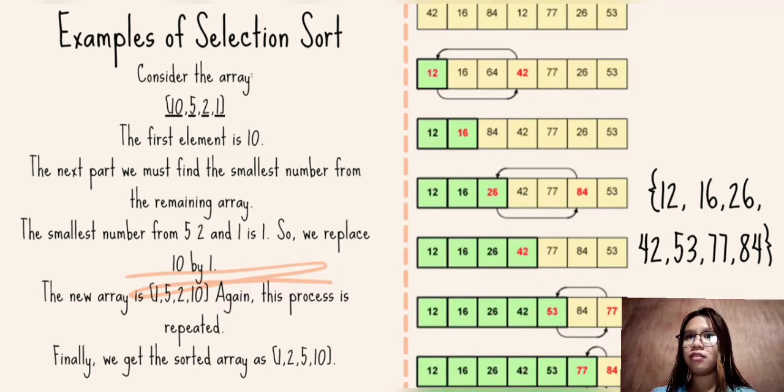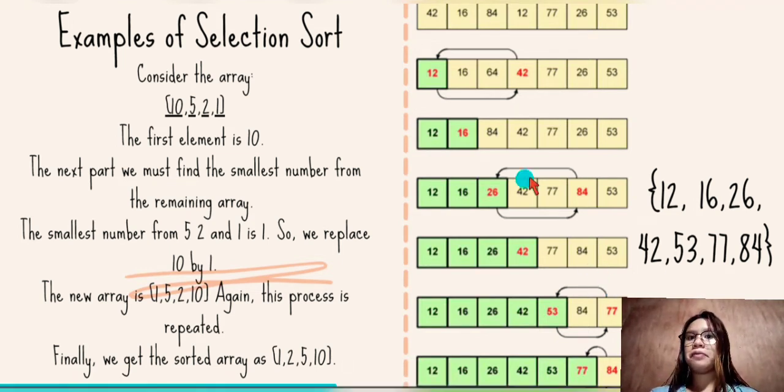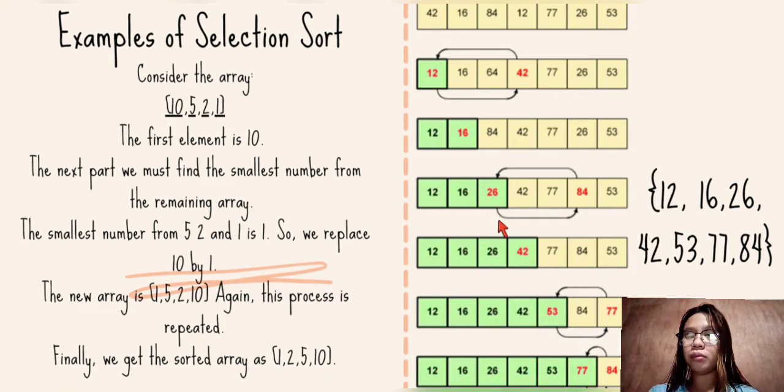The 53 is the smallest number in the data that remains and it swaps to the appropriate position. Okay? So swaps siya sa 77. Of the two remaining data items, 77 is the smaller, so the items are swapped.